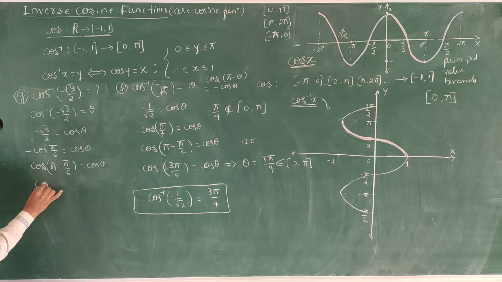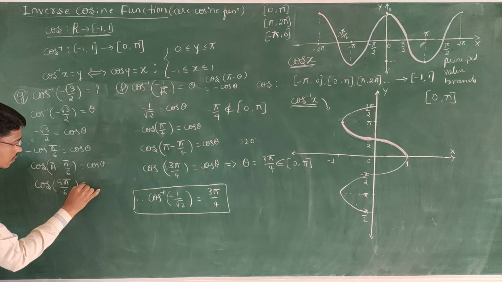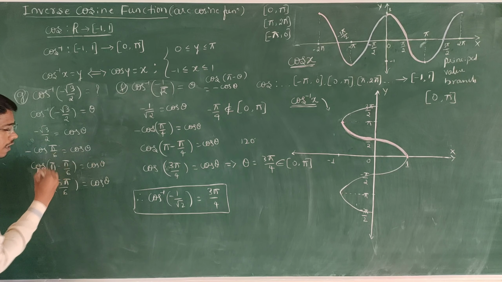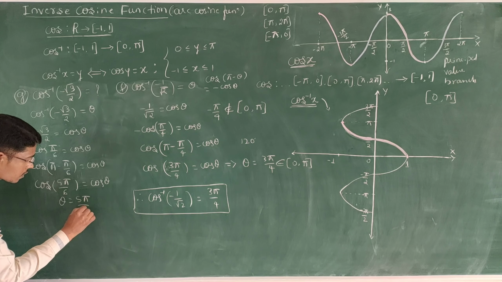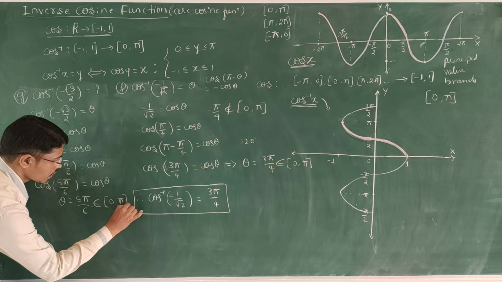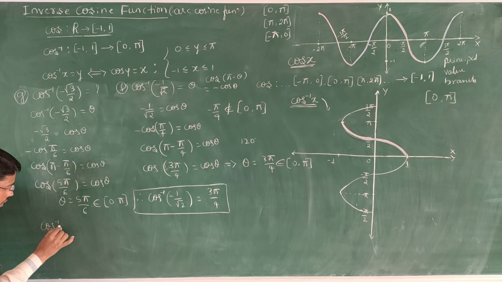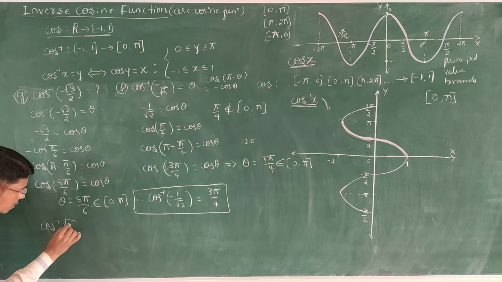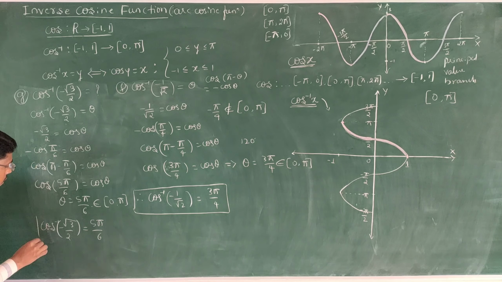So 6 pi minus pi is 5 pi divided by 6, this is equal to cos theta, right? So theta is equal to 5 pi by 6, this belongs to 0 comma pi, right? So cos inverse of minus root 3 divided by 2 is equal to 5 pi divided by 6 is the answer.